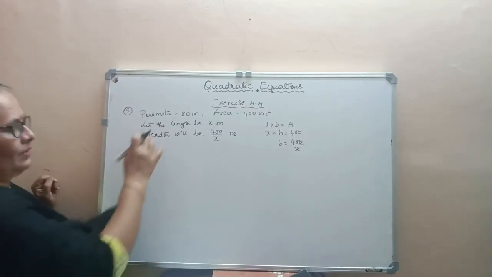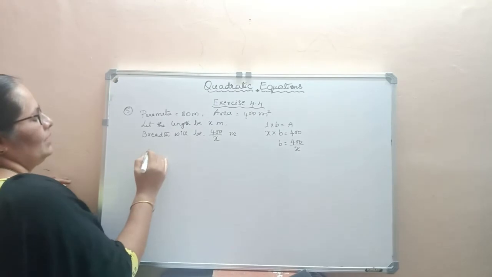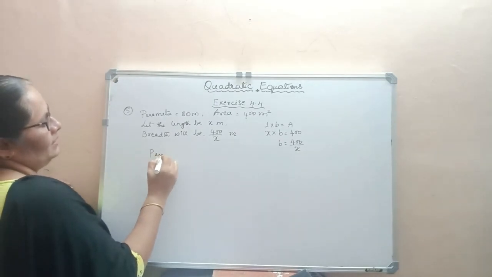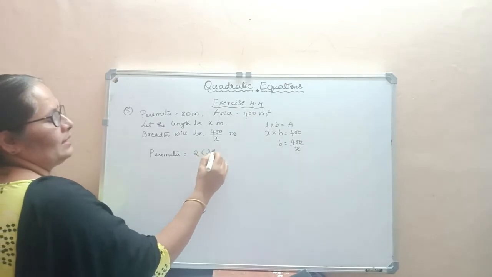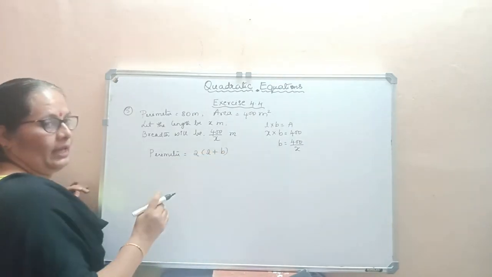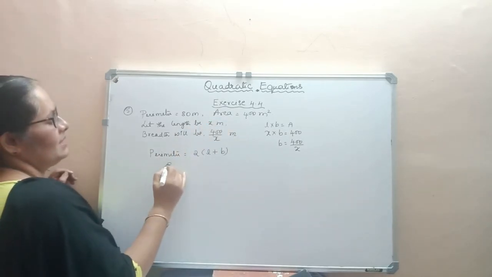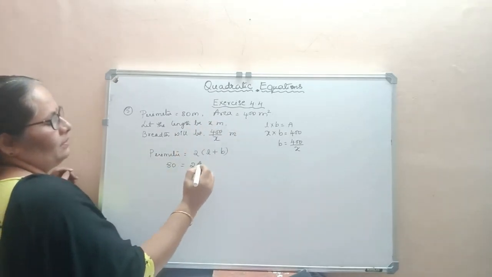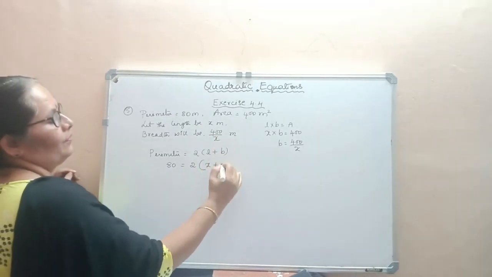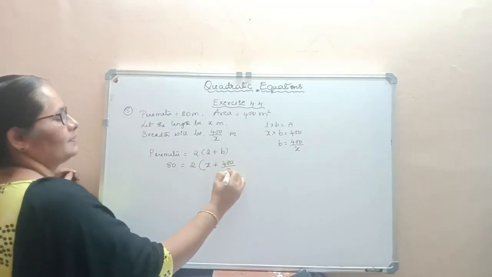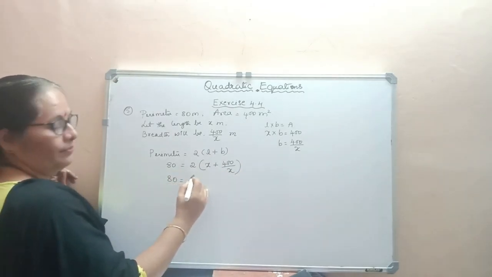And it is given that the perimeter equals 80 meters. You know that the perimeter equals 2 into length plus breadth for a rectangular park. So 80 equals 2 into x plus 400 by x. Simplify and bring to quadratic form.